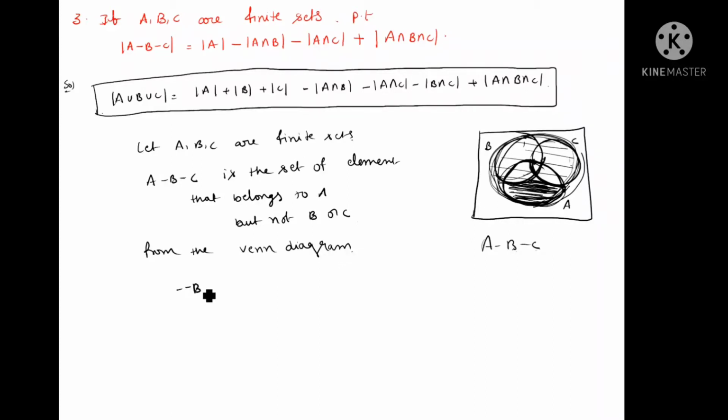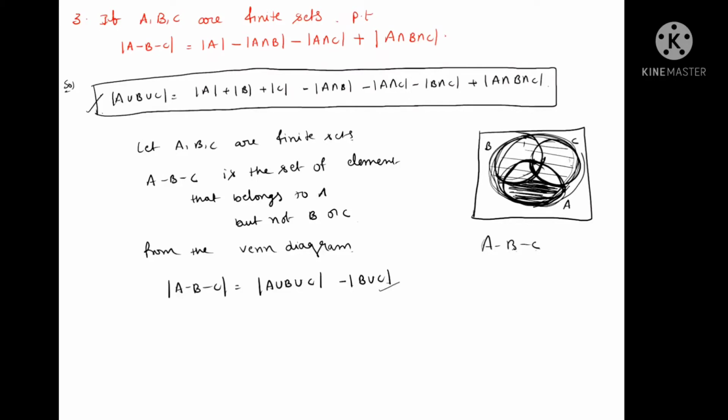mod A minus B minus C equals mod A union B union C minus mod B union C. You expand this one by inclusion and exclusion of 3 sets, and this one by inclusion and exclusion of 2 sets. What is A union B union C?